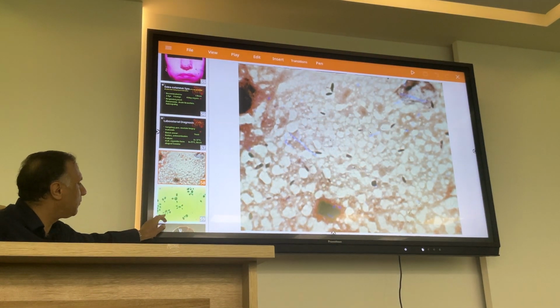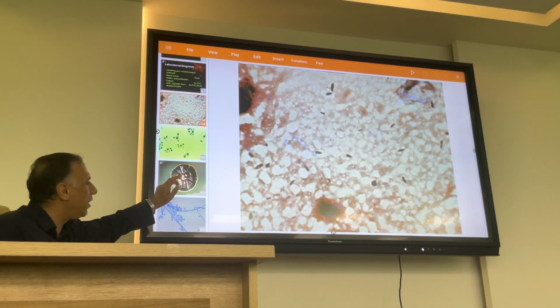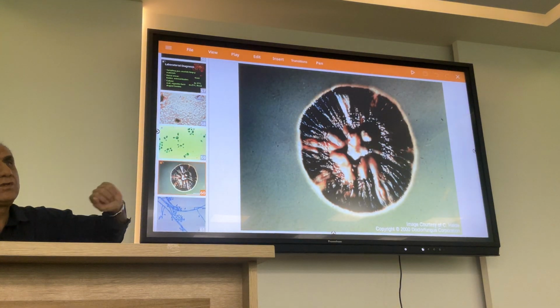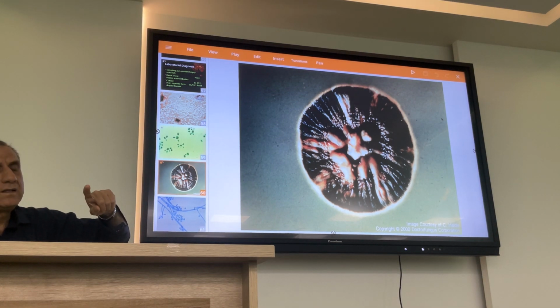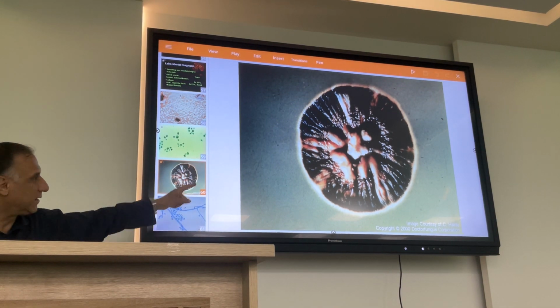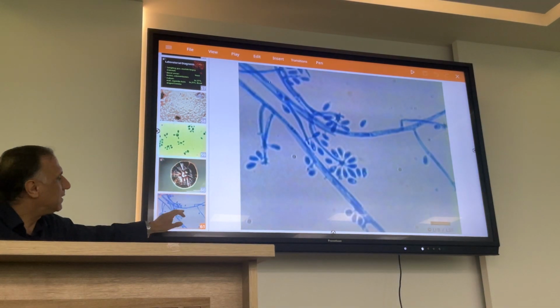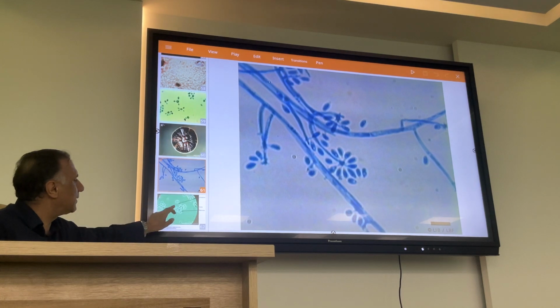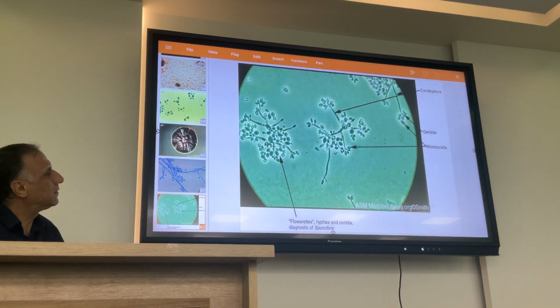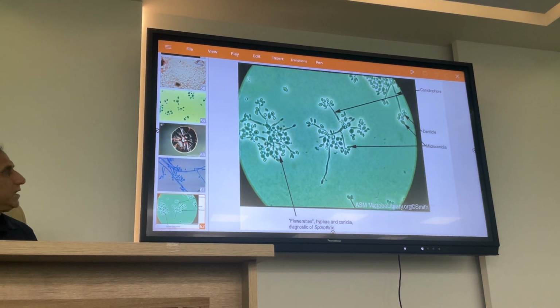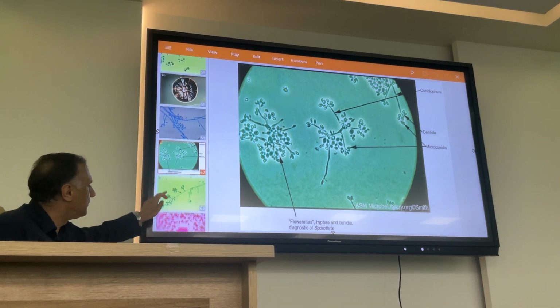But it is important that you isolate the microorganism at 25 degrees centigrade and check this colony for the rosette pattern sporulation of Sporothrix.